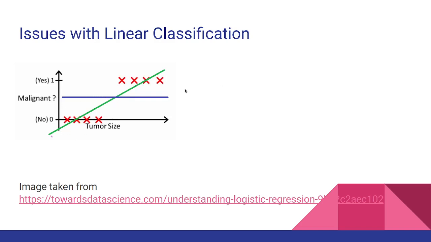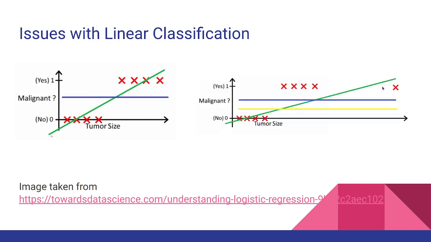But what happens if we add an outlier? Suppose there are 4 here, 4 here, but there is someone with a very large tumor size in the data set. We have to adjust the regression line accordingly, so the line will be like this, to accommodate this also.